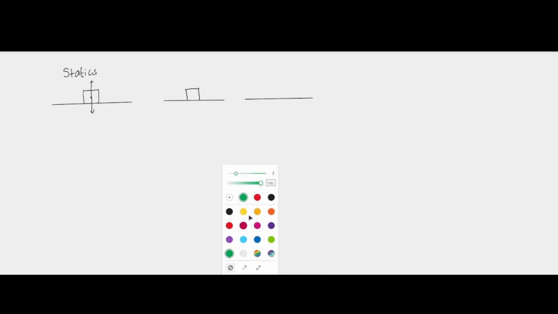So we can have some kind of constant velocity. We'll say that this box is moving with some constant velocity v, but there are still no net forces acting on this object. So it's not accelerating. And we know from Newton's second law that force equals mass times acceleration. So if there's no acceleration, well, then there's no net force acting on it.